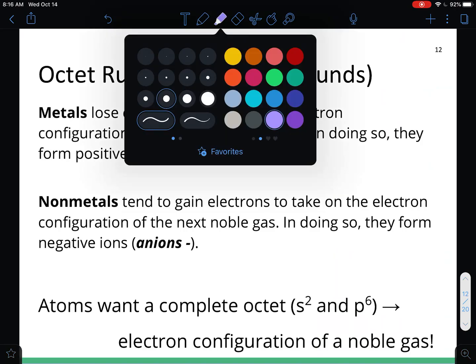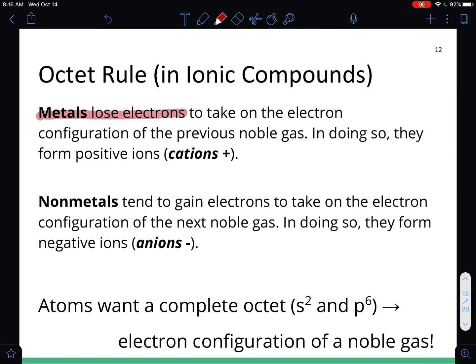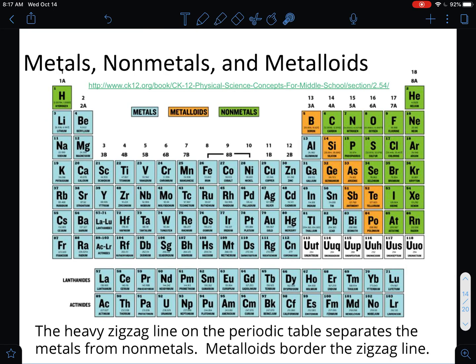So in general, metals on the periodic table, they lose electrons and they form cations. Okay. And metals are all of the blue elements.